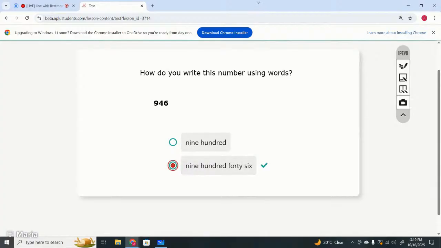Option 946. Option number 2 is the correct option. How do you write this number using words?